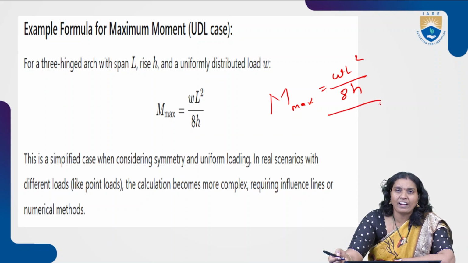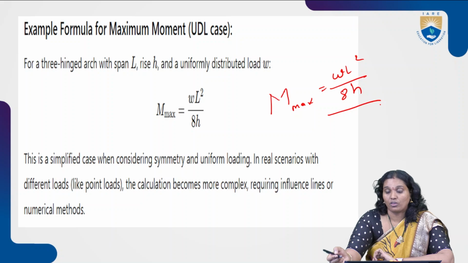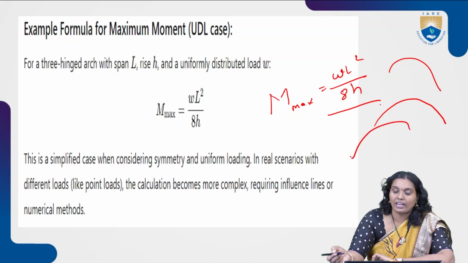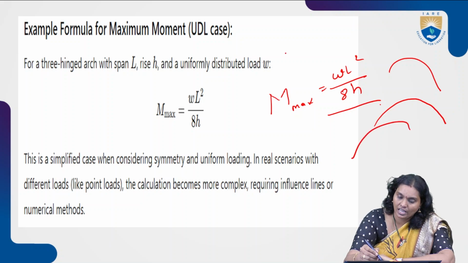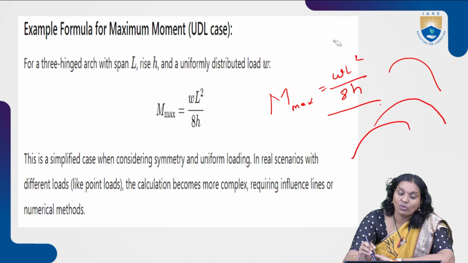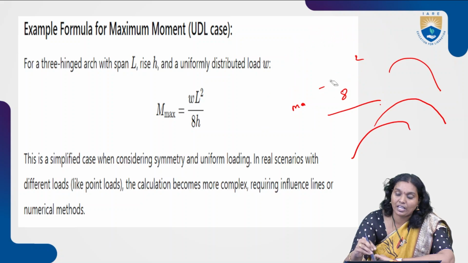This is a simplified case when considering symmetry and uniform loading. We already know about symmetrical and unsymmetrical conditions. We may consider different shapes, not only parabolic but also semicircular, and according to that we have to understand the maximum bending moment.